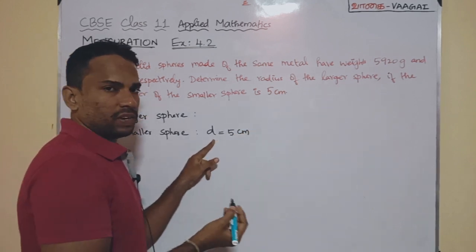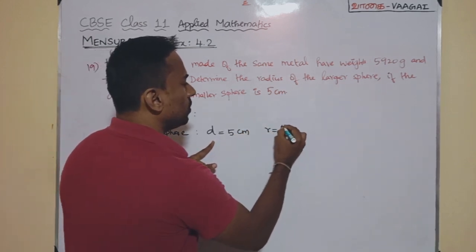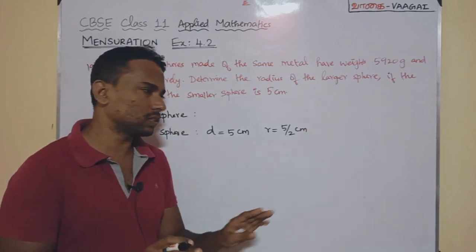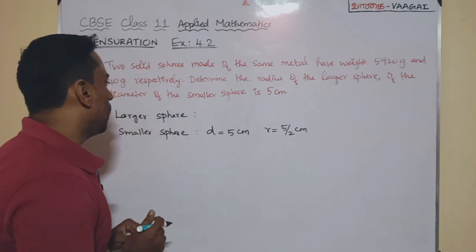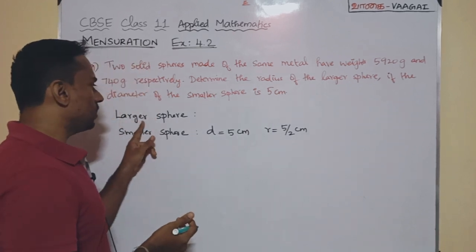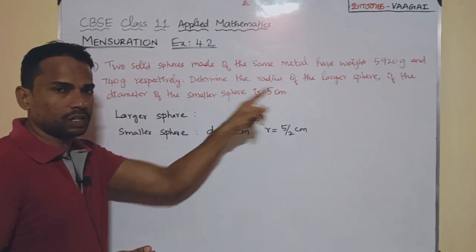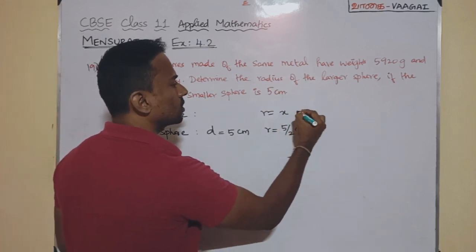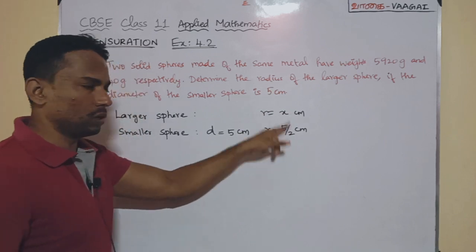From this itself we can tell the radius is going to be 5 by 2 centimeter. Let me not write it in decimals, I'll have it as a fraction itself. What we need to find is the radius of the larger sphere, so let's take it to be some x centimeter. Same units, that's the reason.